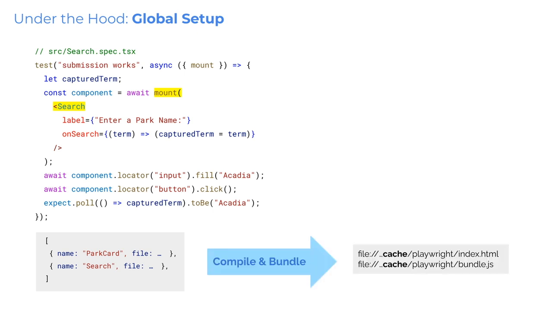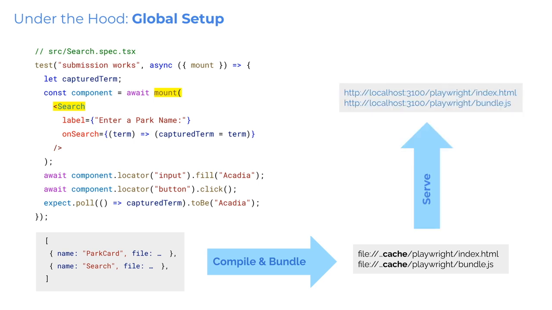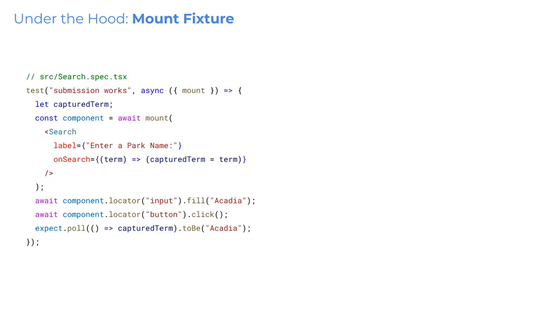And then it's going to compile and bundle them using Vite to serve a local component bundle that it's going to run the tests against. So this is global setup. There's now a bundle being served with your components and a little empty facade page to run some code. So let's look now at the mount fixture.